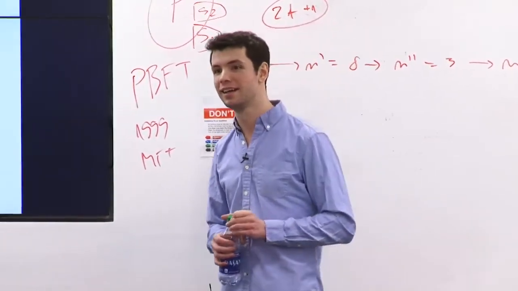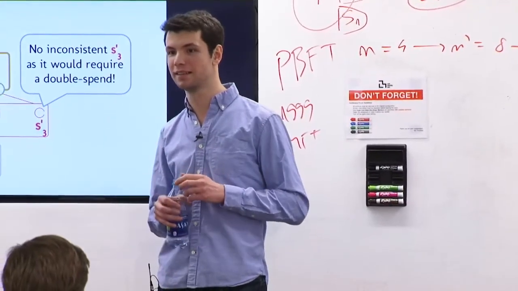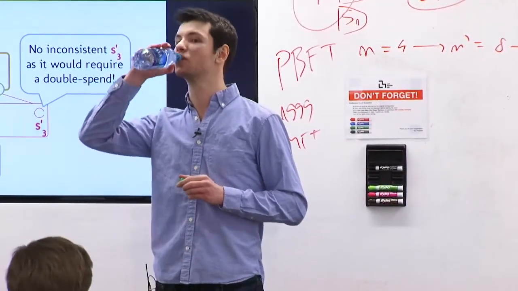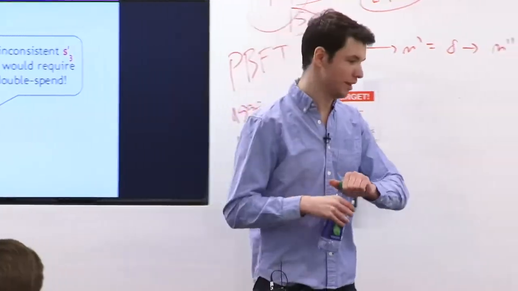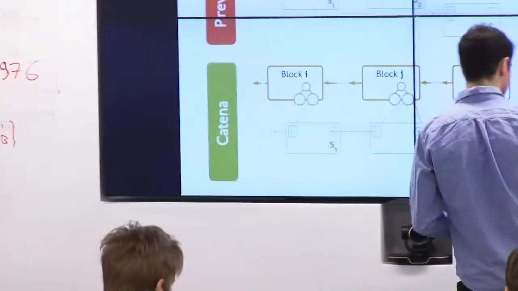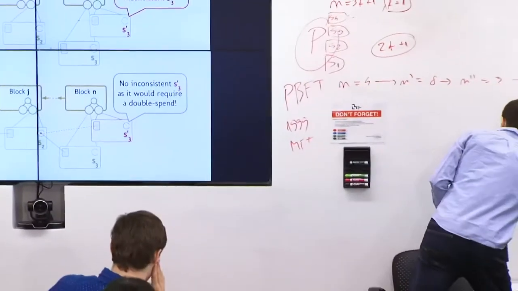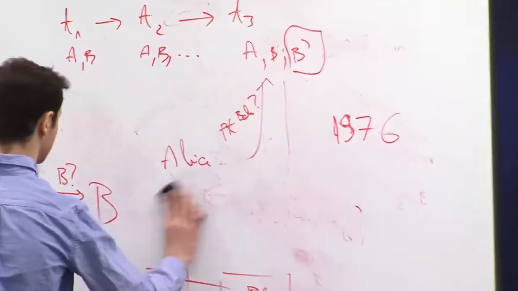You can maybe reload every transaction with these, because a transaction can take multiple inputs. What's your name? Rahul. So Rahul is saying you can reload, and that's exactly right. We just have to change the transaction format slightly. We talk about this in the paper as well, but just to demonstrate real quickly.